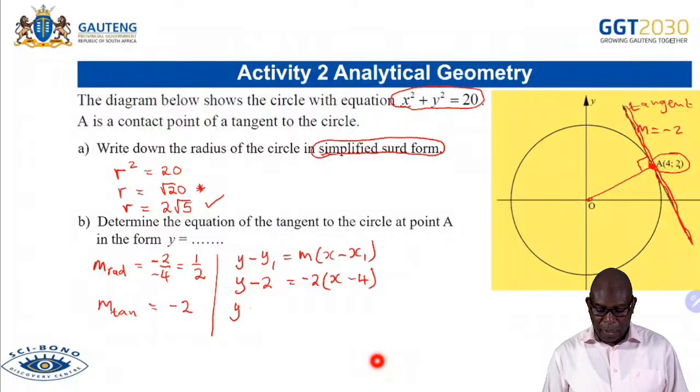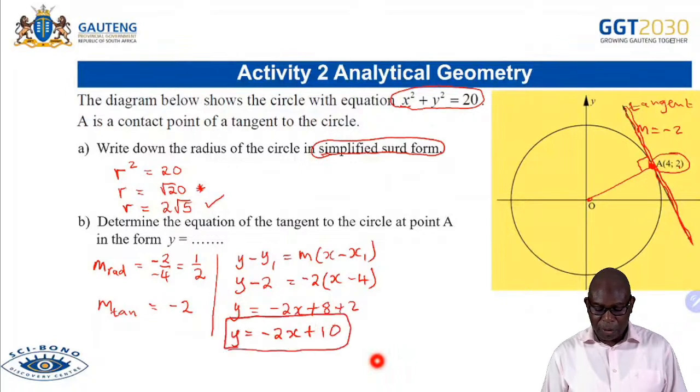So I'll have y equals negative 2x plus 8 plus 2, and that will be y equals negative 2x plus 10. That is the equation of the tangent. So if I look at that point here, this line will go up, up, up, up there. So the 10 will be somewhere there.